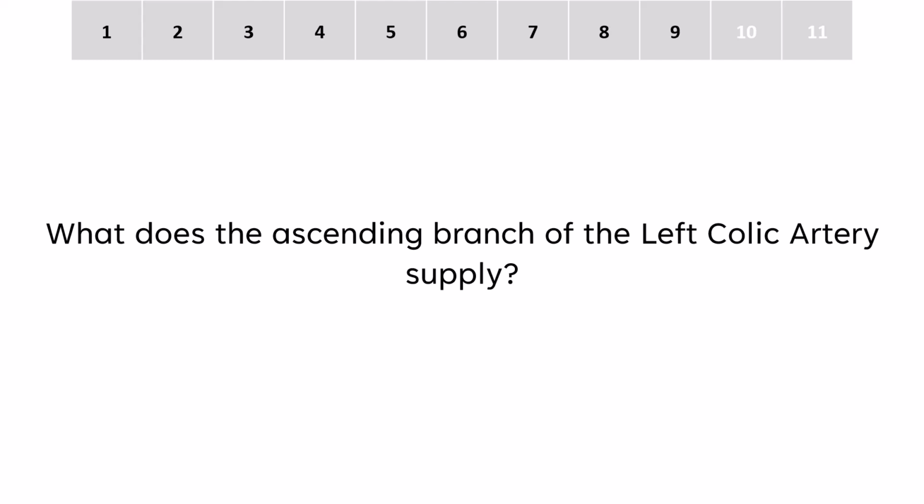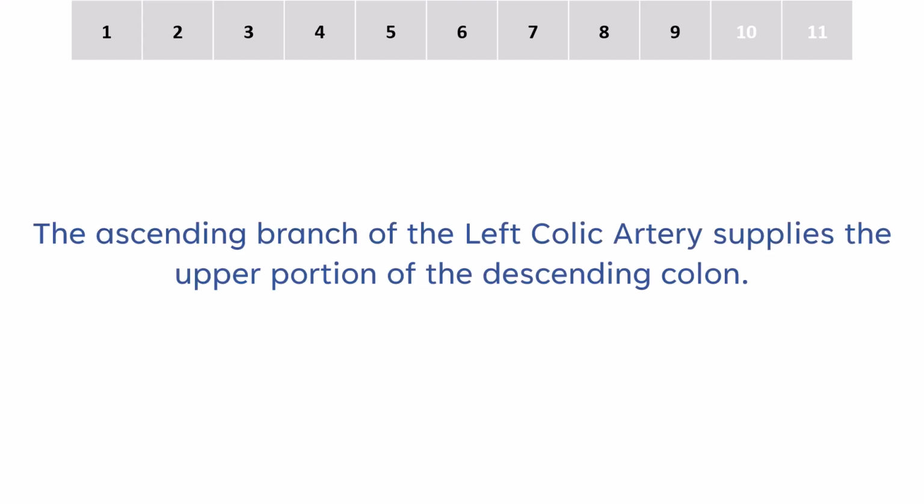What does the ascending branch of the left colic artery supply? The ascending branch of the left colic artery supplies the upper portion of the descending colon.